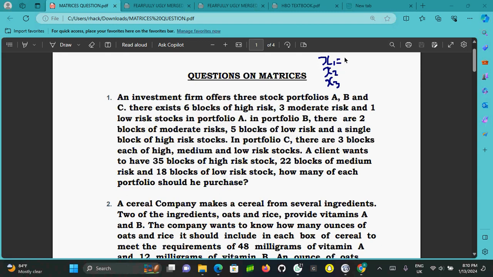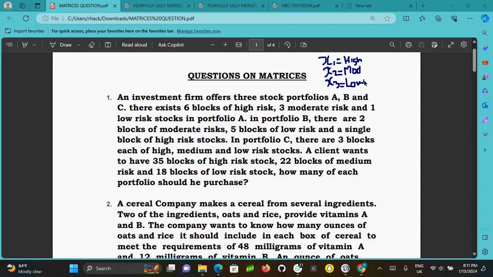So x1 is equal to high risk, x2 moderate, and x3 low. You understand?